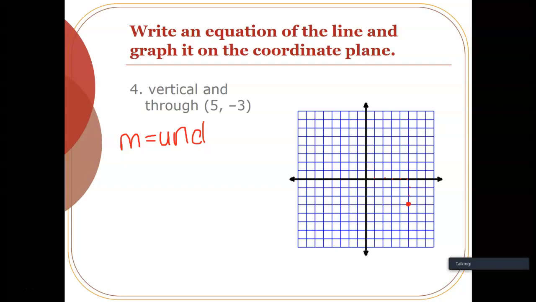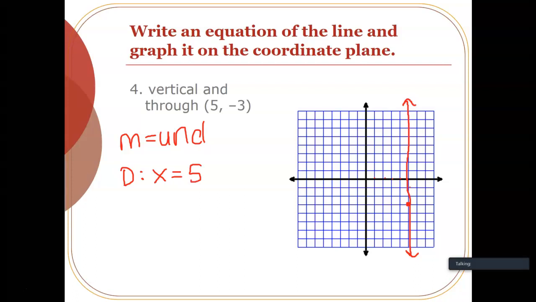Now, if it's vertical, vertical is up and down. So it means it's straight up and down. A vertical line has a unique domain. It is not all reals. The domain is the same as the equation.